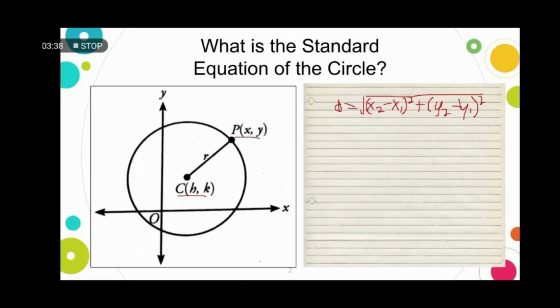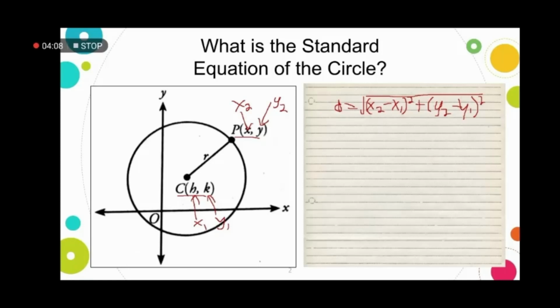We will assign x as x sub 2 and y as y sub 2. Next, we will assign h as x sub 1 and k as y sub 1. Use the formula and substitute all the given.